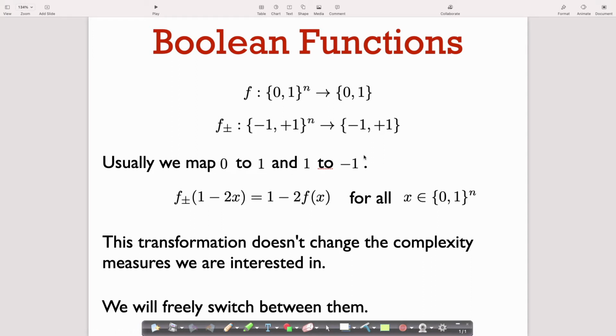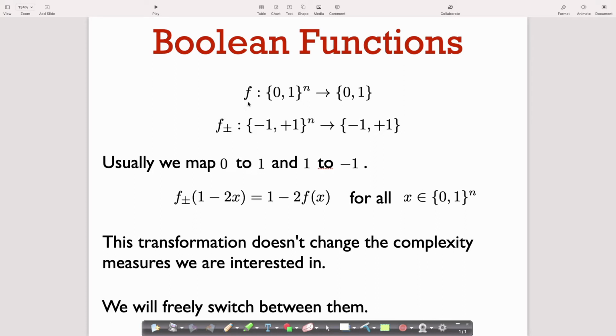The definition of the analogous function corresponding to f, I'm going to call it f plus-minus, is just f plus-minus of (1 minus 2x) equal to 1 minus 2 times f of x. This little function inside, 1 minus 2x, just maps 0 to 1 and 1 to -1.